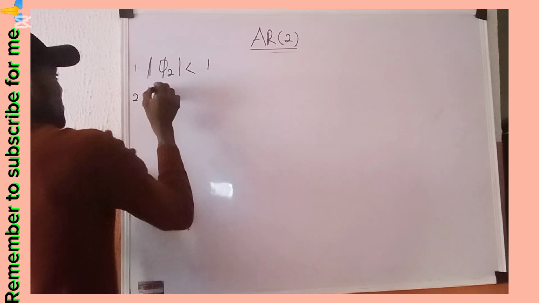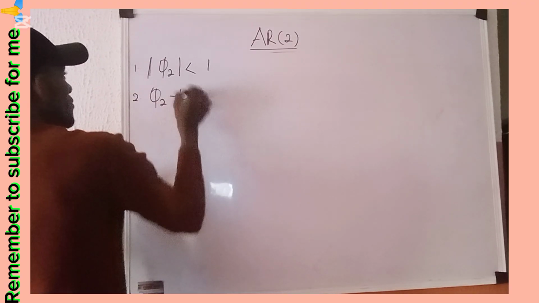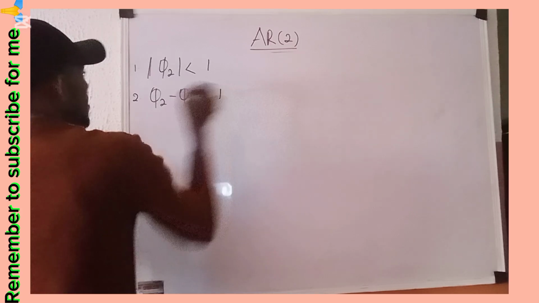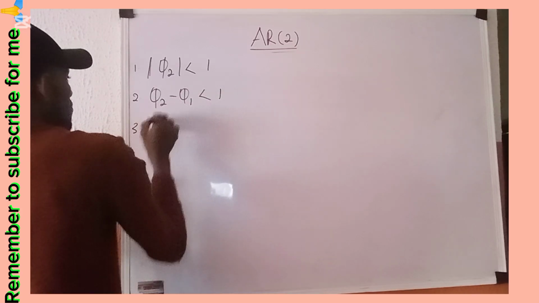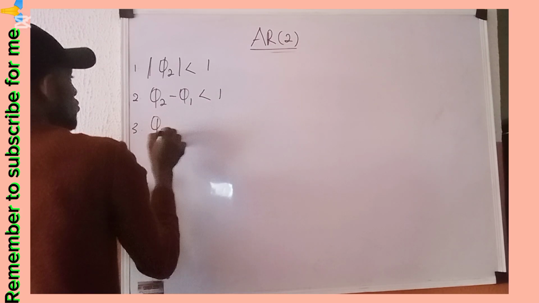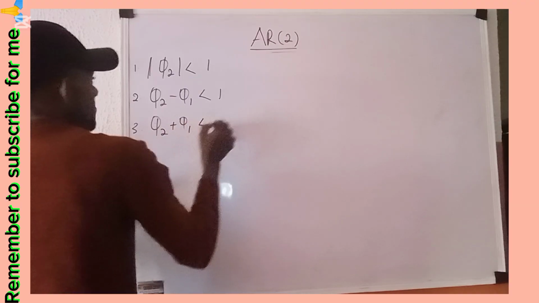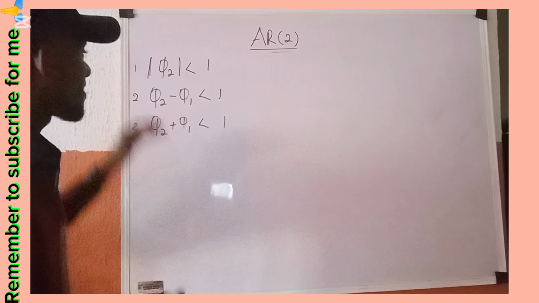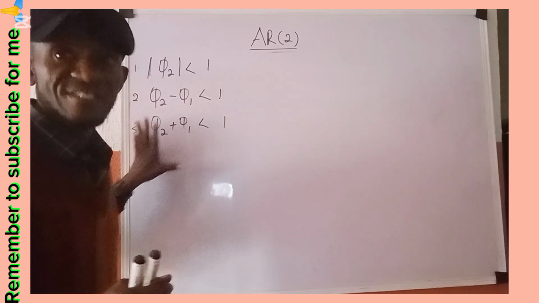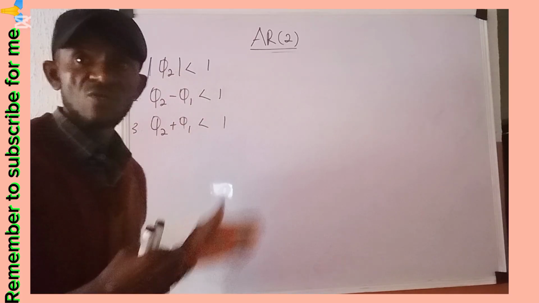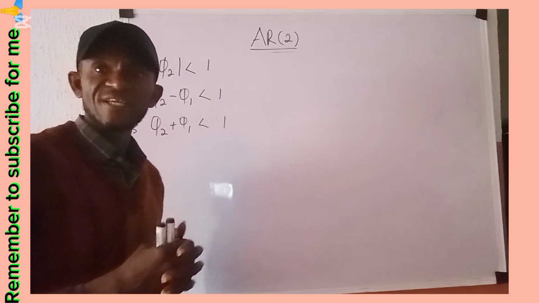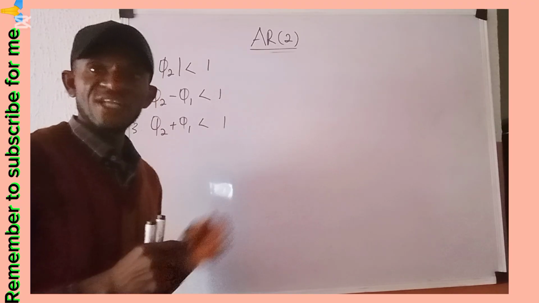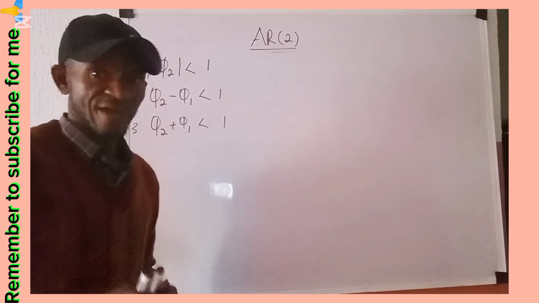Number 2, phi 2 minus phi 1 must be less than 1. Then number 3, phi 2 plus phi 1 must be less than 1. So if the parameters of the AR of order 2 model satisfy these conditions, one can say that the AR of order 2 model in question is stationary.